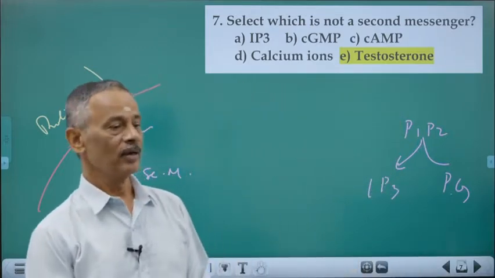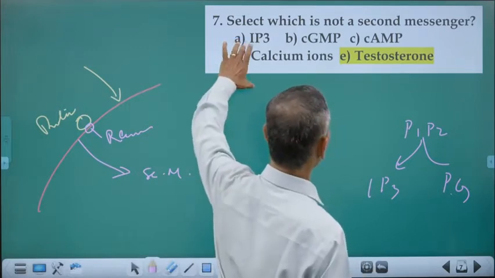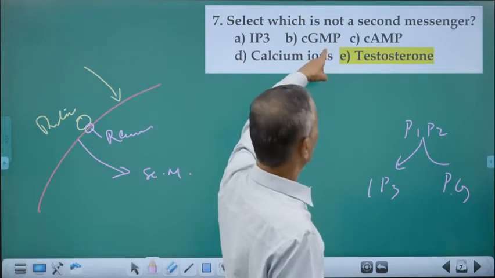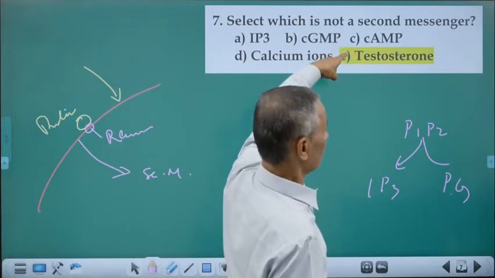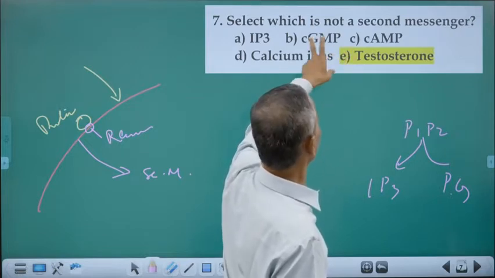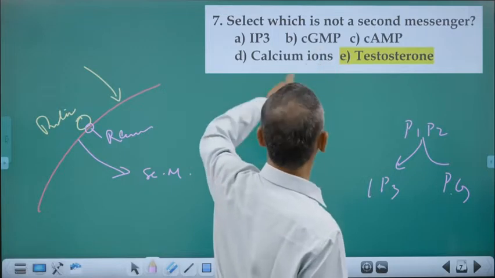These two are produced by the splitting of PIP2. So these are the secondary messengers. cGMP, cAMP, these are all secondary messengers. Adenylate cyclase enzyme will be acting on them, and that is responsible for the production of cyclic AMP, cyclic GMP, calcium ions.